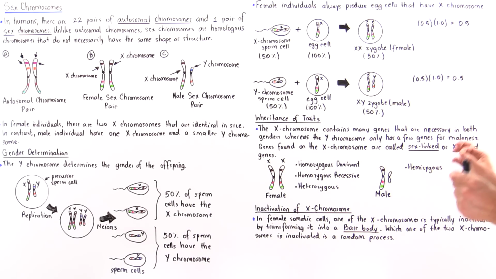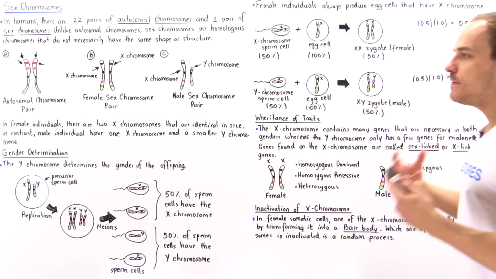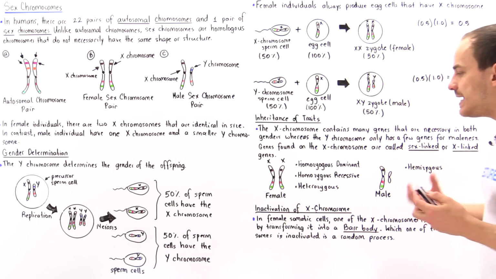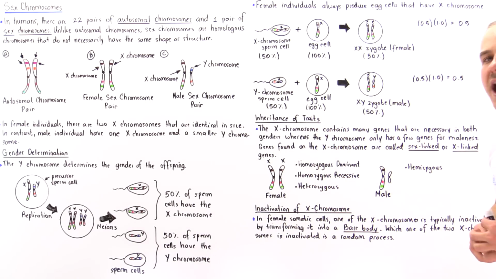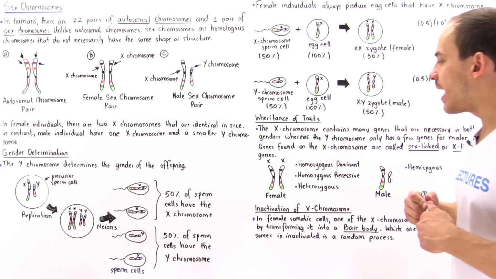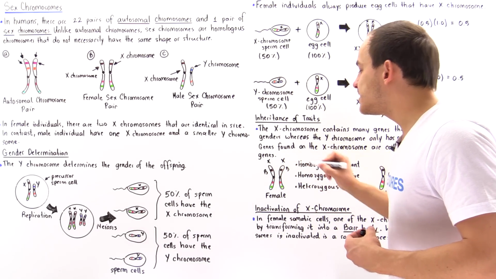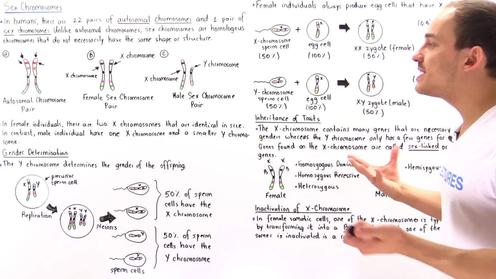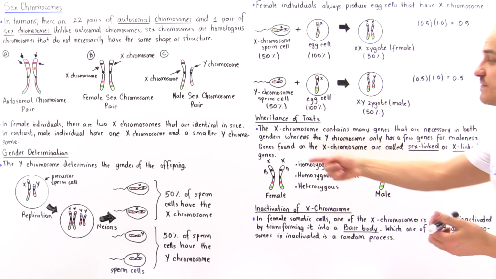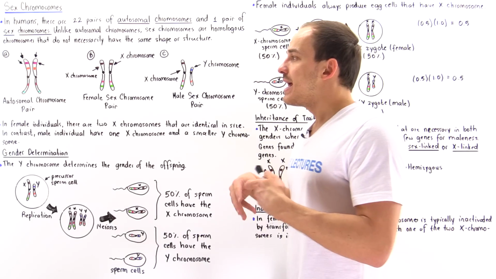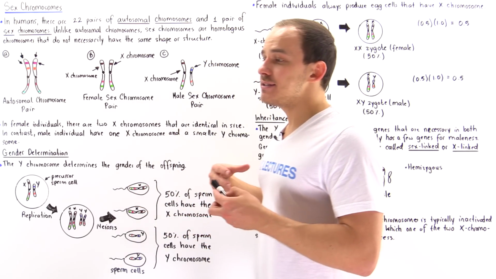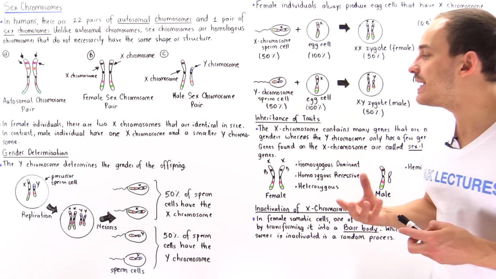Now, what are the different possibilities of a female? Well, a female can be homozygous dominant, and this is the case when we have, let's say, an uppercase B and an uppercase B gene. So what's one example of a gene that is found on the X chromosome? Well, our gene that basically codes for color blindness.